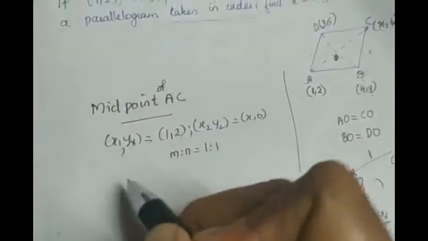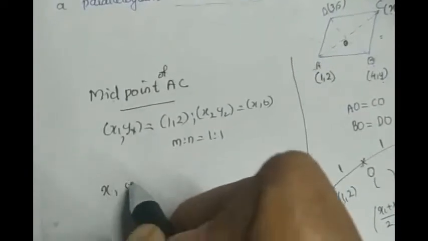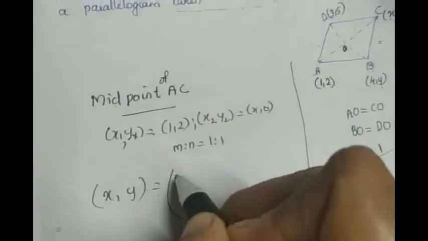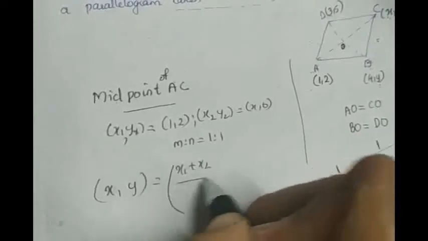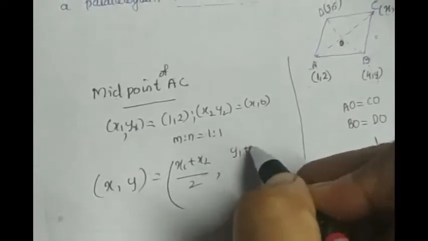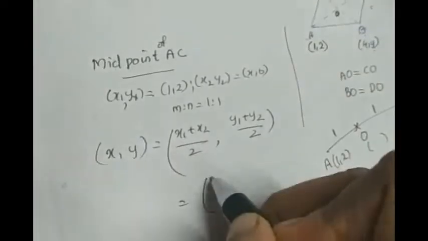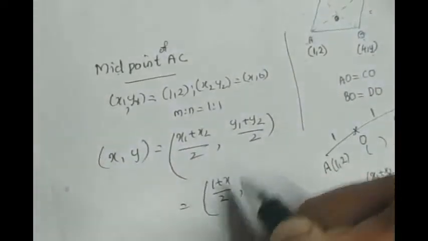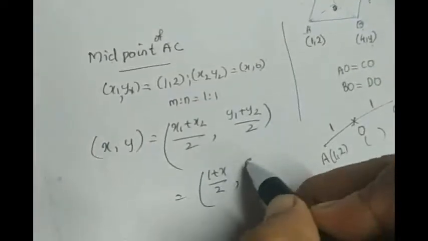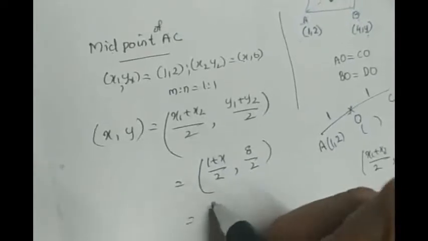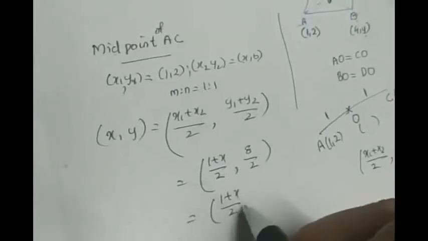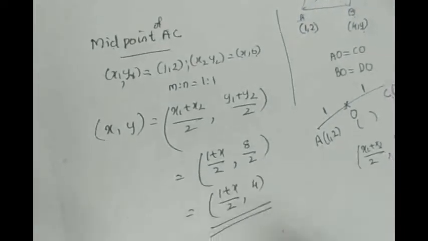No need of taking the ratio, still I took the ratio. So (x, y) will be equal to (x1 plus x2) by 2, (y1 plus y2) by 2. So we are getting (1 plus x) by 2, (2 plus 6), 8 by 2. That is, we are getting (1 plus x) by 2, 4. Let it be there.